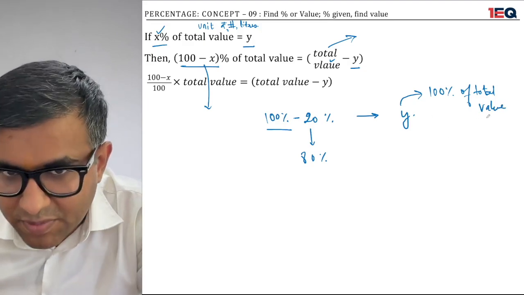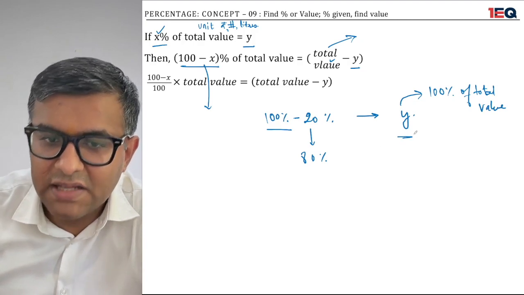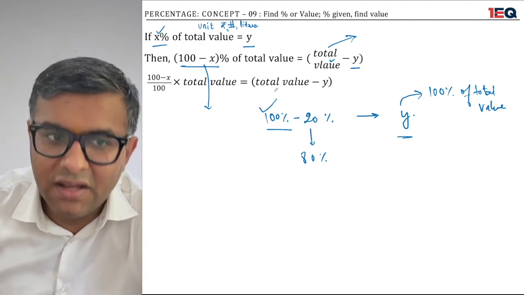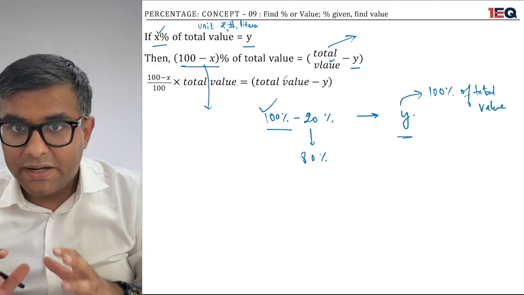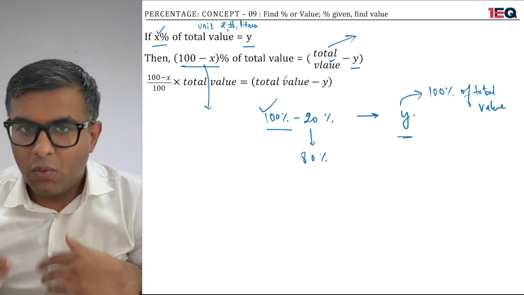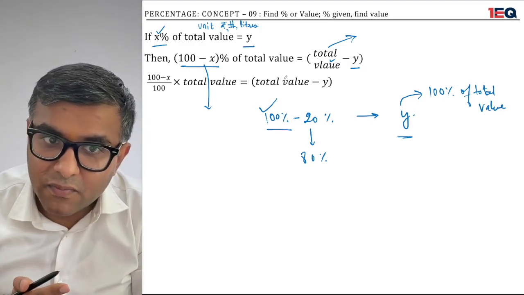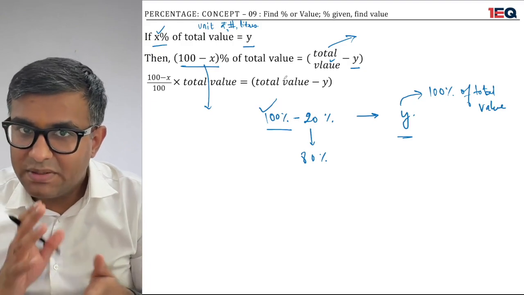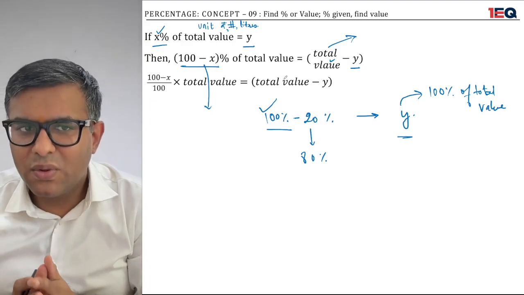So 100% of total value would again be subtracted from y as well because you're already subtracting a total value on the left hand side. For 20%, what is the total value? 100%. For y, what is the total value? That is the total value given in the question.